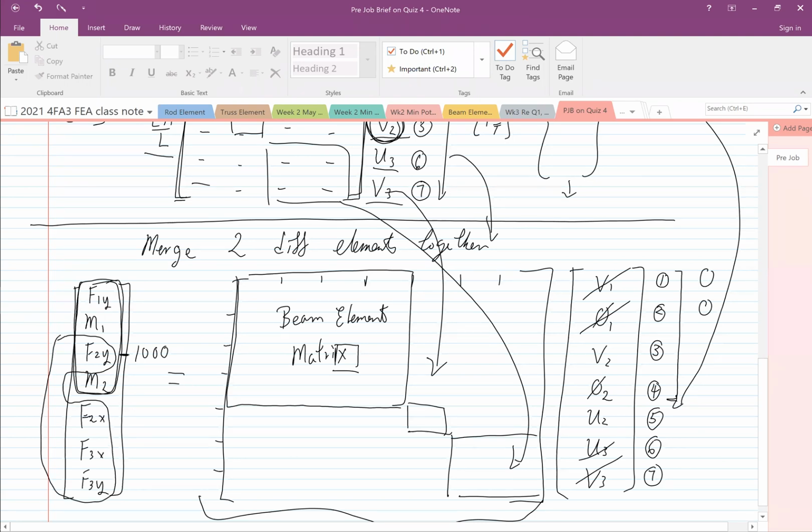Boom. You get it? So these 4 terms are all the applied force on the beam elements, and these 4 terms are the truss element. So when I say minus 1,000, right? Who's taking what? I don't know. But I just understand it's teamwork.